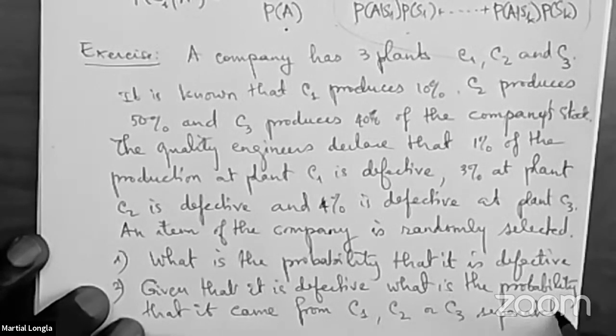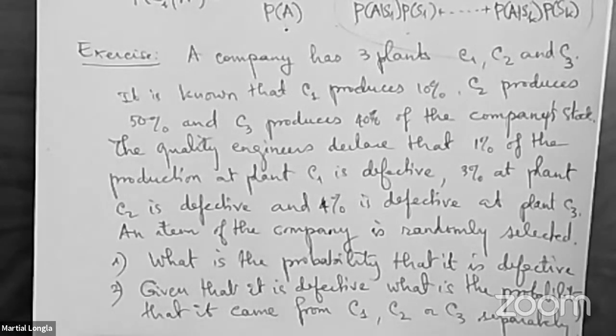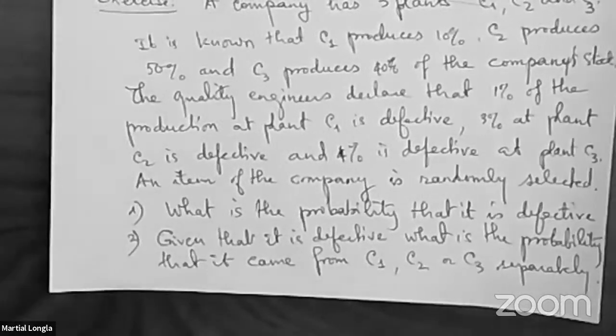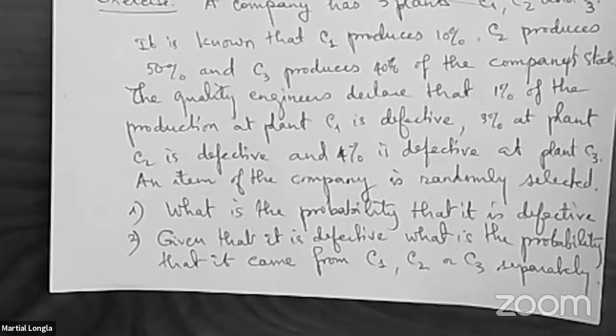So what's the chance that the defective item came from each of the plants separately. These two questions use everything that I talked about from the beginning. How do we answer it?